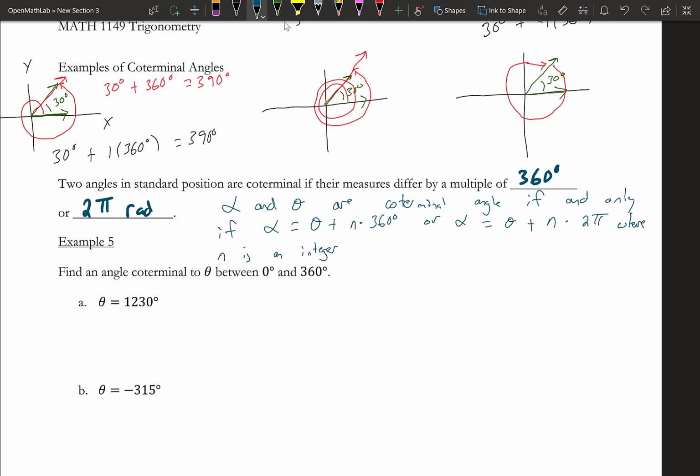Another way we could write that mathematically is n epsilon and then the boldface Z, the symbol for integers.